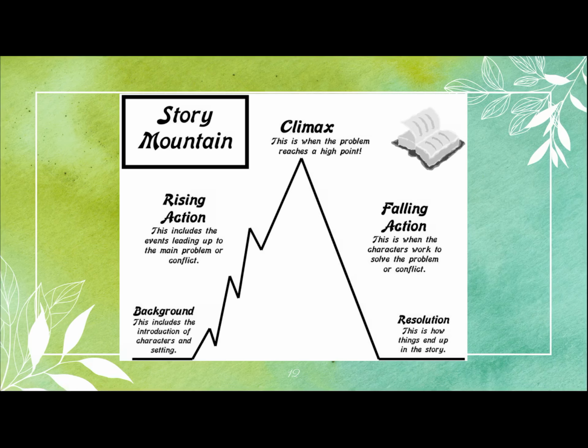Then we have some sort of solution, like falling down. They work to solve the problem or conflict, and then the wrap up, how things end up in the story, is the resolution. Okay, so that is your standard story mountain. I want you to think about how maybe your next story fits in with this mountain here.